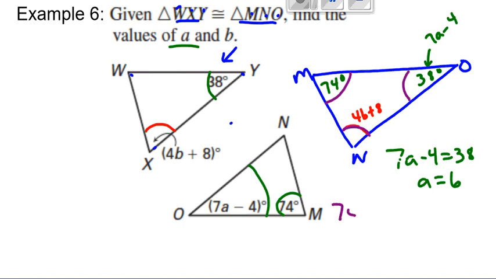So 74 plus 38 plus 4b plus 8 have to equal 180. And then you could combine like terms and solve for b. And if you did everything correctly, b should end up being 15, which you could then plug back in and find out what the measure of the missing angle is.